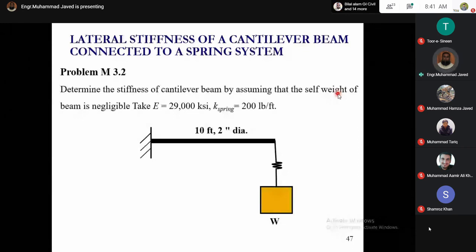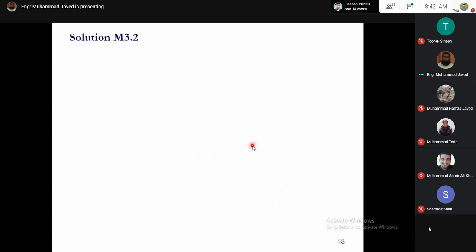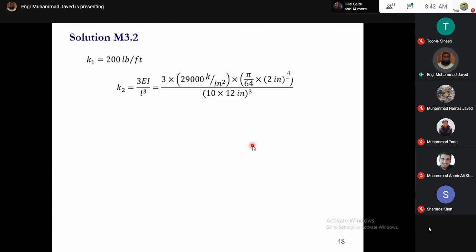अच्छा, अब ये जो स्प्रिंग है इसकी स्टिफनेस तो गिवन है. कैंटिलीवर बीम की स्टिफनेस, you will have to remember the equation. If we have a cantilever beam with the point load applied at the free end, stiffness is 3EI over L cube. So first calculate the stiffness of cantilever beam, 3EI over L cube. E is given, I can be determined as the diameter is given.